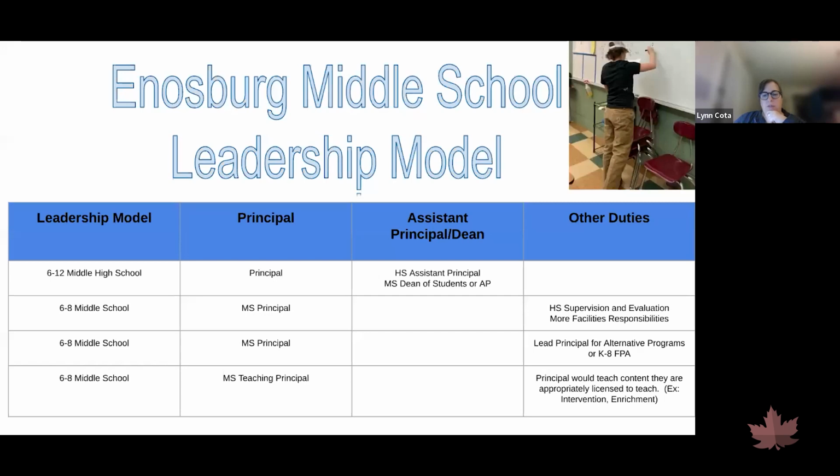Or are you wanting to shift the model so that there's one principal for the building, but there are two separate kinds of ecosystems, and one AP that is just really charged with the middle school and another that's charged with the high school? So I think we could figure out the other duties piece. I think there are some bits of that we need more information on, but what you probably want to decide tonight is, are you talking about a principal model, or are you talking about designing and doing a 6-12 model?